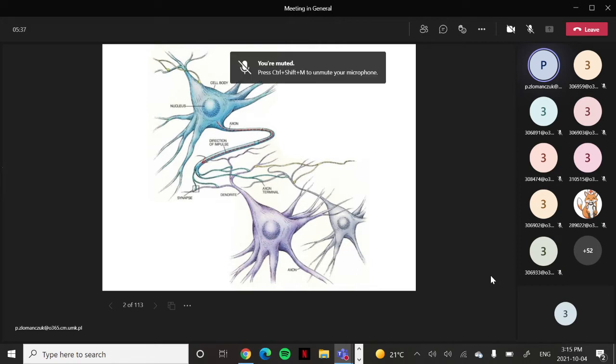It will register the changes in the environment, conduct this information to the central nervous system or lower levels of the nervous system, and then analyze it and send signals in response to those environmental changes.